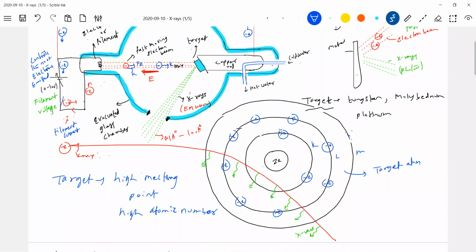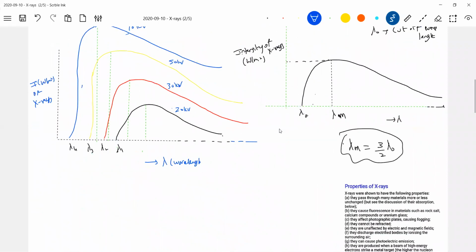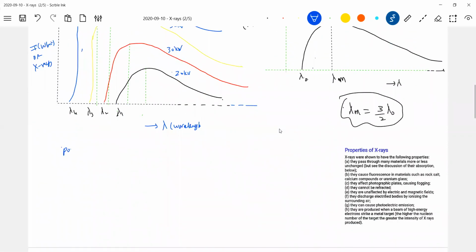So what is the power of a Coolidge tube? Power of a Coolidge tube is accelerating voltage into filament current. And for numericals, I think this is going to help us a lot. So what is the exerting power of a Coolidge tube?